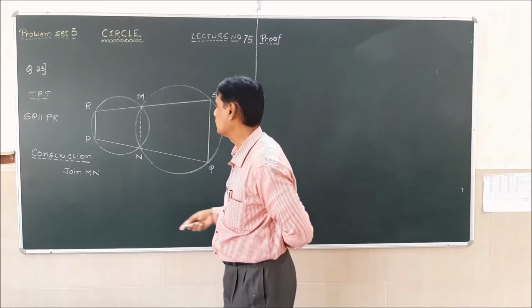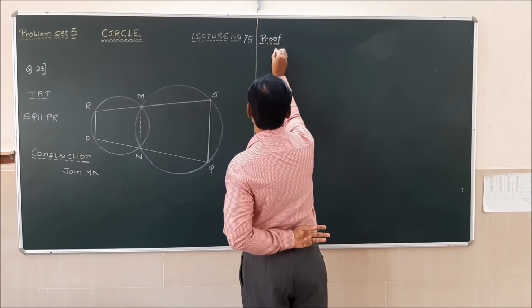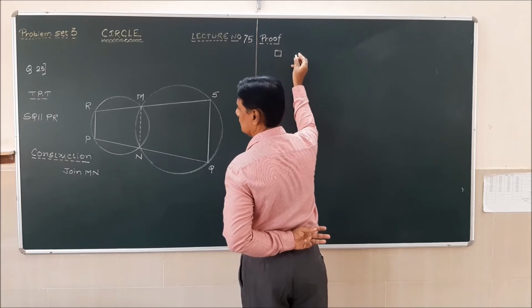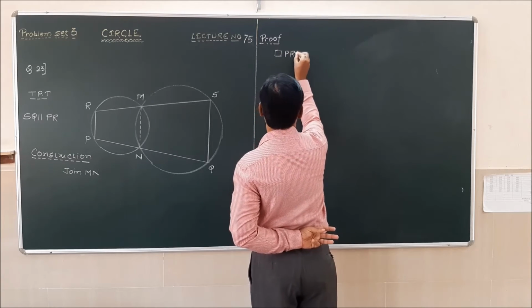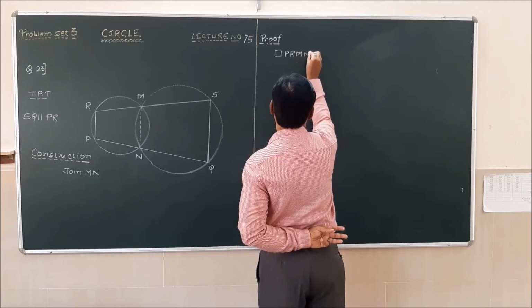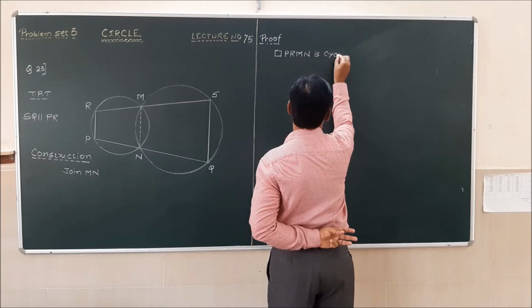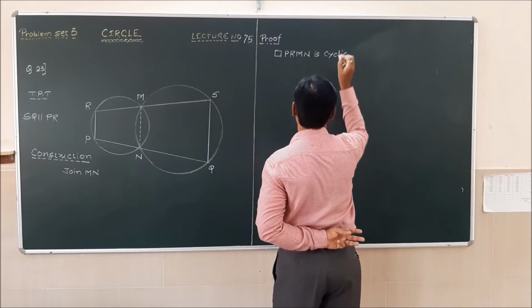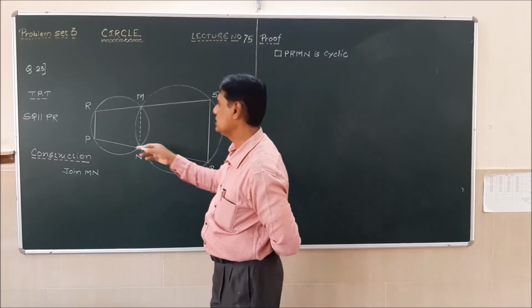Therefore, it is a cyclic quadrilateral. So the first step is: quadrilateral PRMN is cyclic.